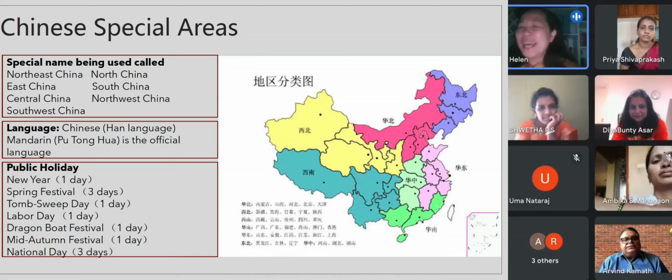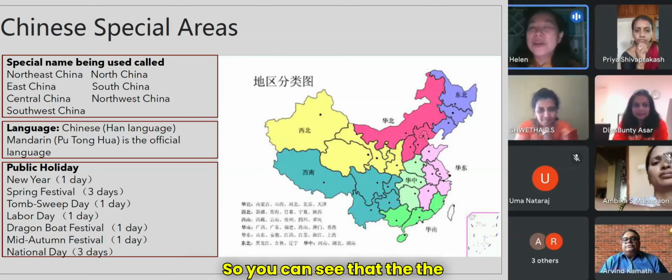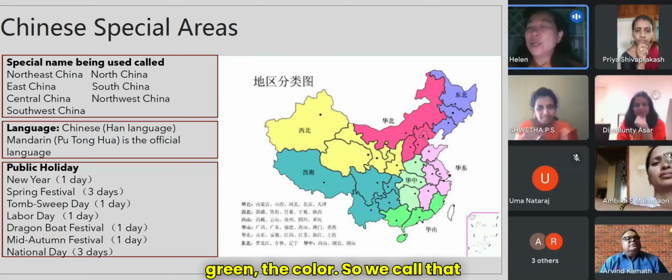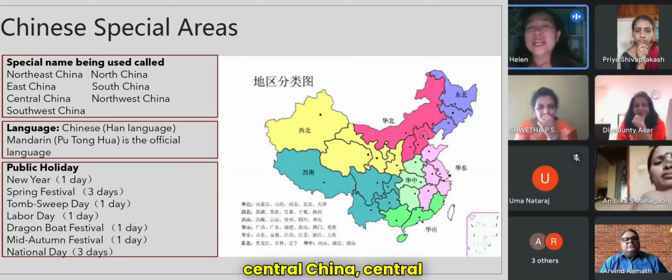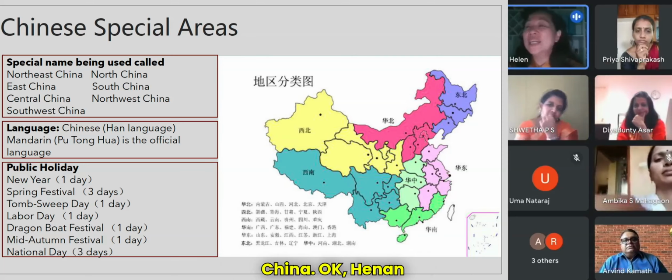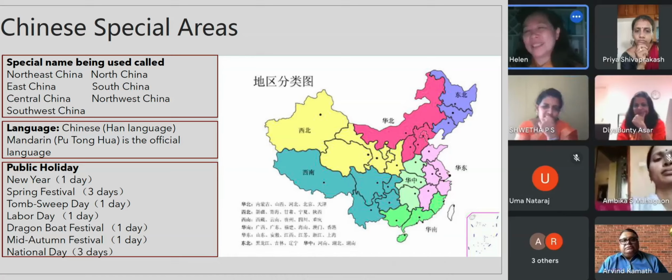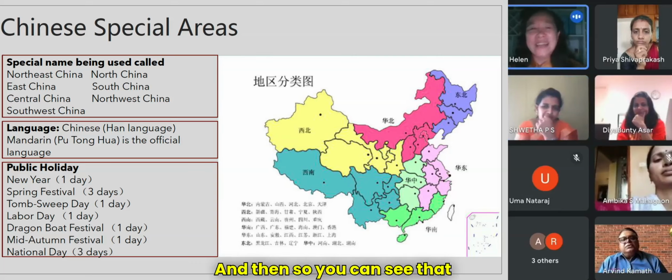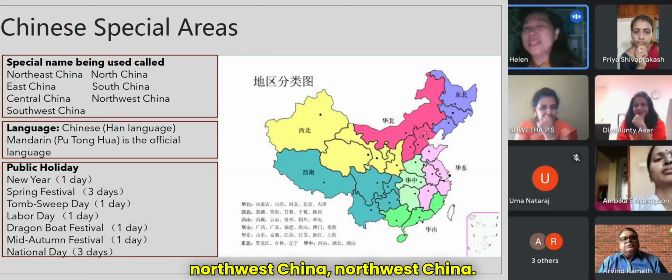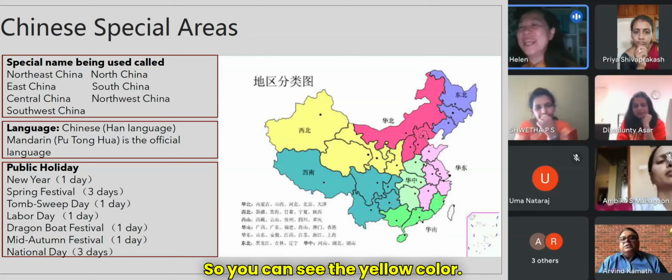Okay, and then here, you can see the green color. We call it Central China. Henan Province, Hubei Province, Hunan Province. Okay, and then you can see Northwest China, the yellow color.